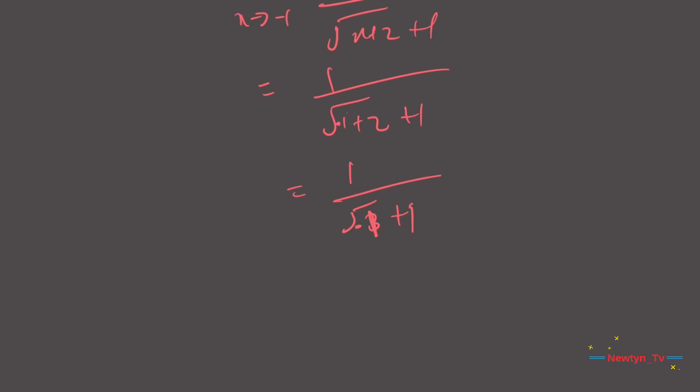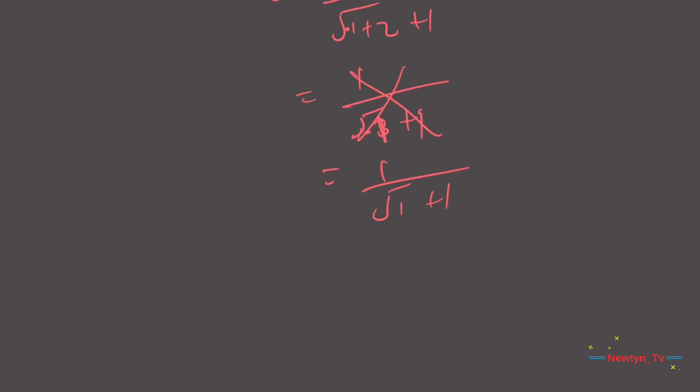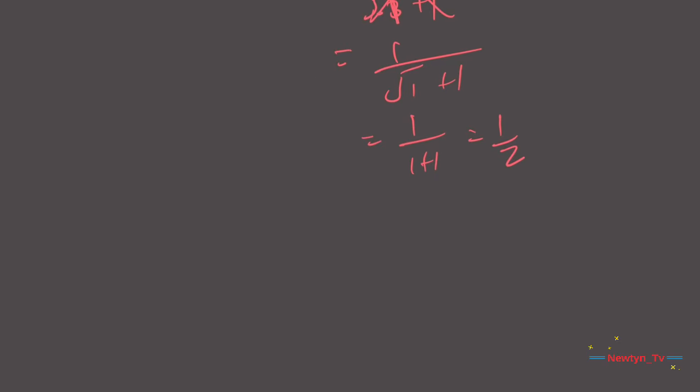Negative 1 plus 2 gives us 1, so we have the root of 1, which is just 1. So we have 1 over 1 plus 1, which will give us 1 over 2. This is the answer for this type of question.